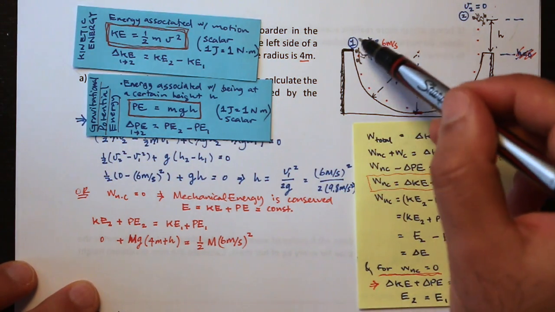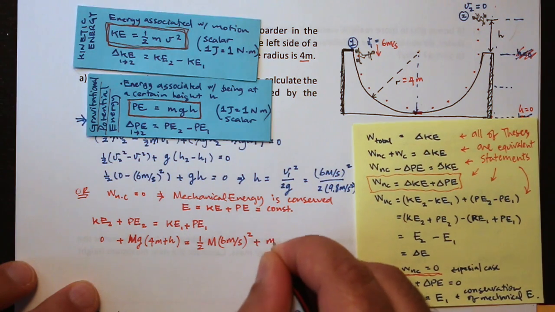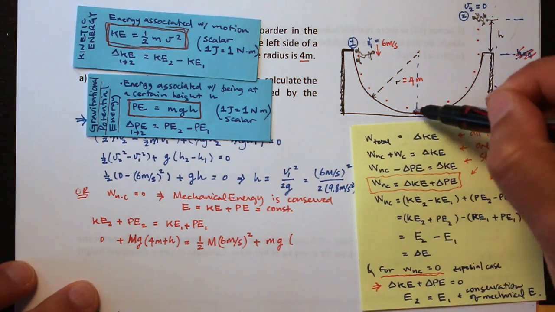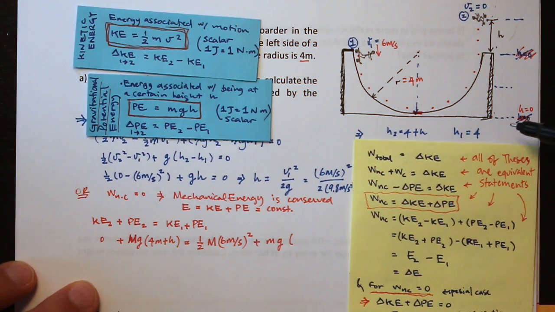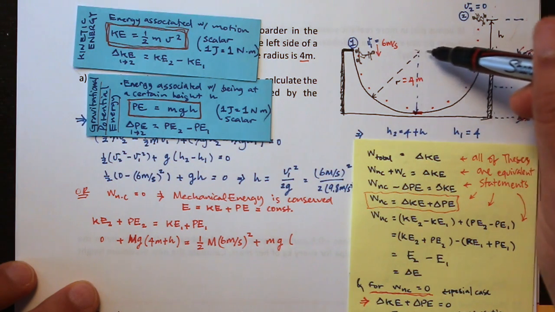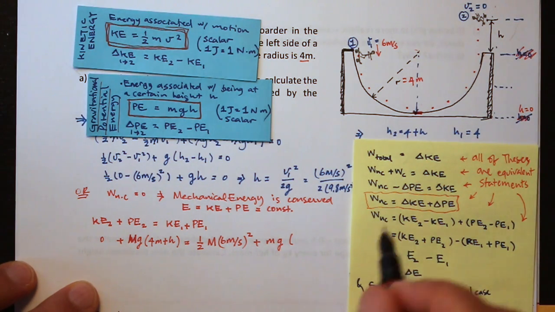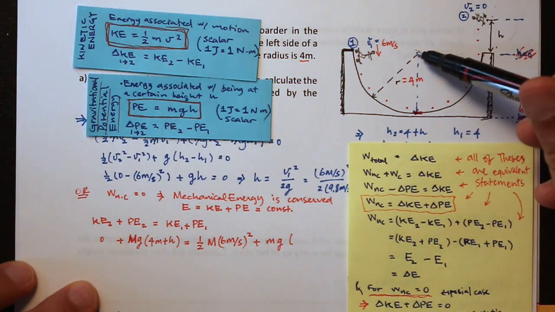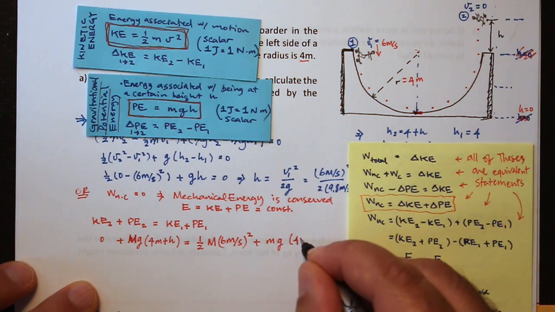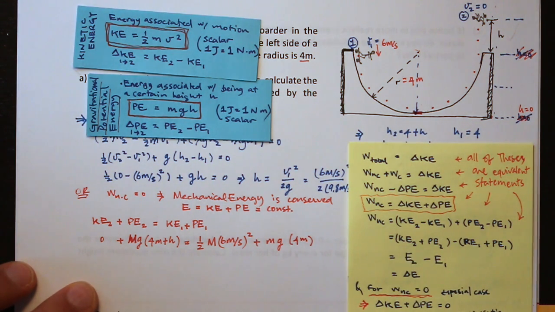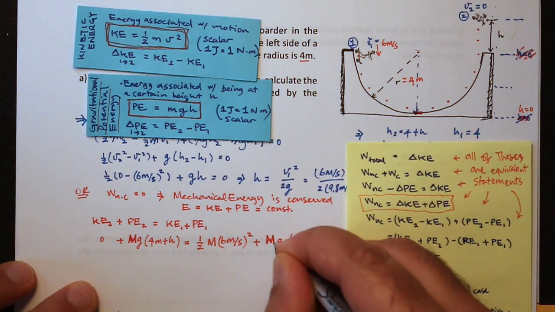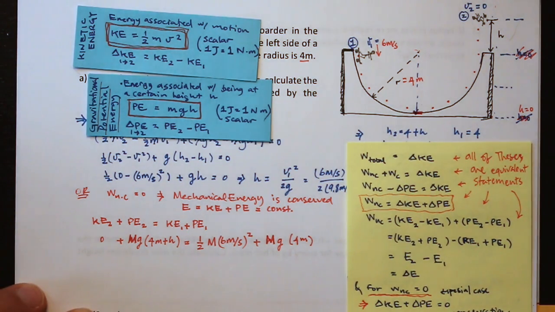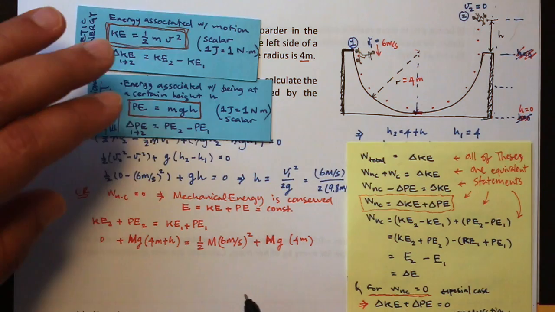And the potential energy at position 1 is Mg times, remember, in this case, I decided to measure from here, h equals 0, but I could have measured straight from here and made it easier for myself, but it doesn't matter. Here, at position 1, the height is 4 meters. And again, this is the mass M. I'm just using capital here to differentiate between the meters and the mass.